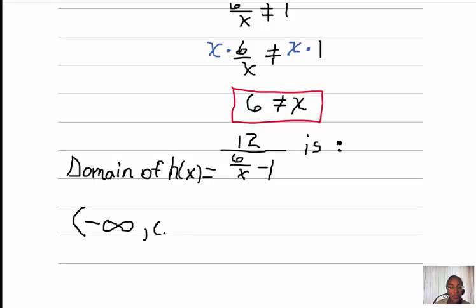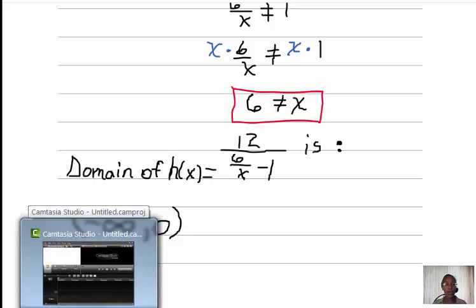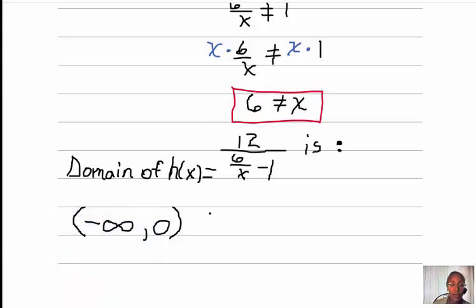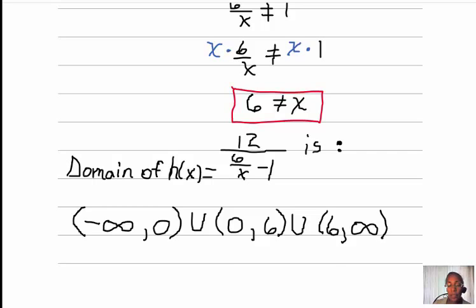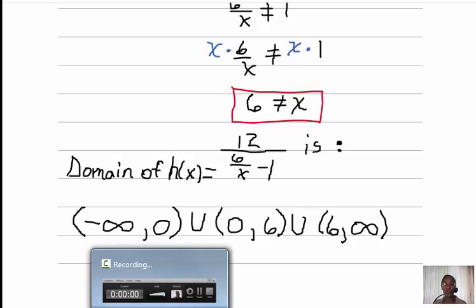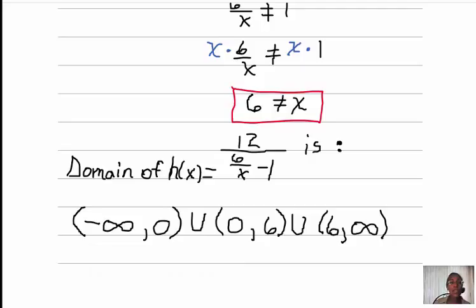So I would write that as the interval from negative infinity to 0, and I'm not including the 0. So I show that with a parenthesis. Unite it with all the numbers between 0 and 6. Unite it with all the numbers to the right of 6. So notice how the 0 and the 6 are excluded. So this then is my final answer.